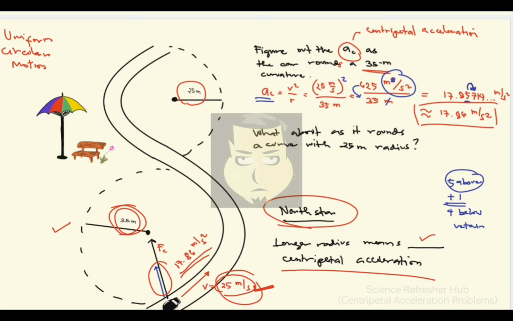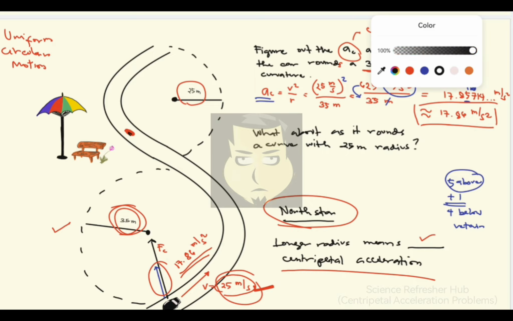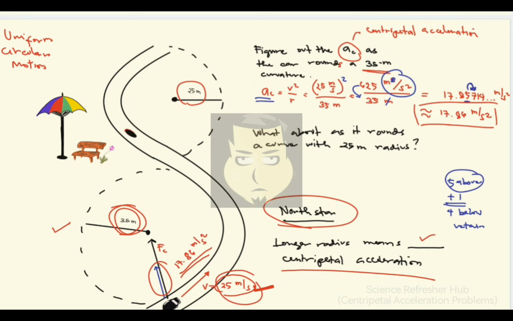Let's try to find out the centripetal acceleration if the car is in this position. Let's say that's the car. The centripetal force is always pointing towards the center along with our AC. And we need to find the value of AC in this shorter radius.